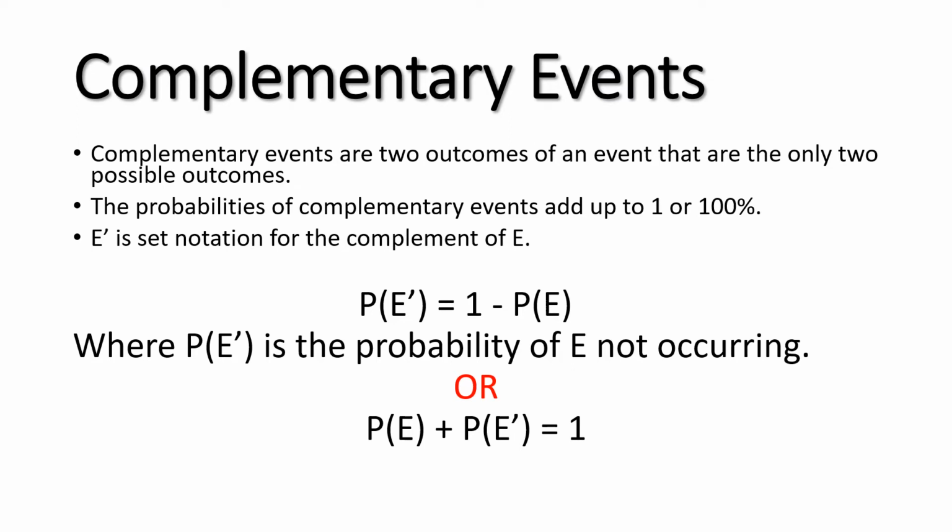So, complementary events. Complementary events are 2 outcomes of an event that are the only 2 possible outcomes. The probabilities of complementary events add up to 1 or 100%.